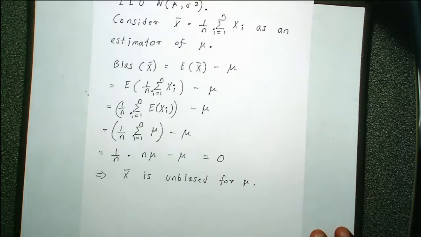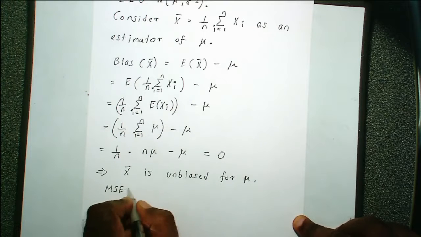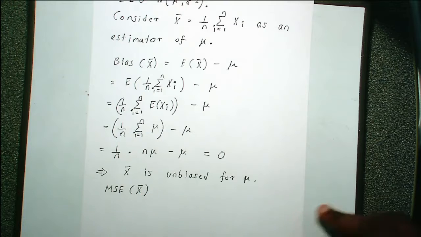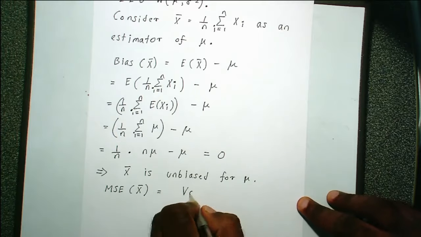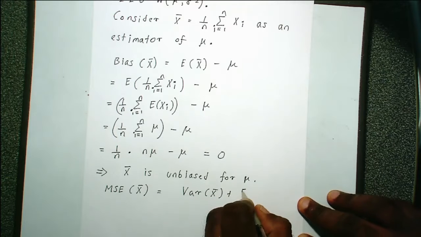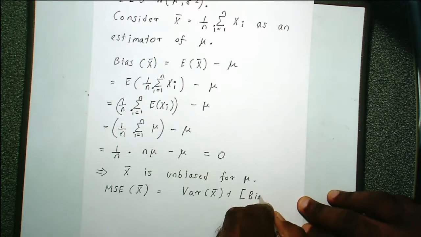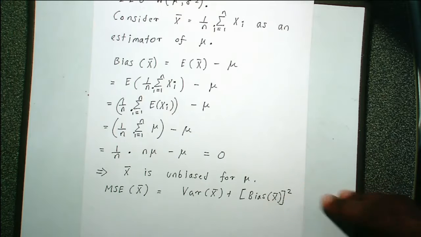Okay, now the next thing I want to work out is the MSE. The MSE of x bar, because of a property I proved last week, can be written as the variance of x bar plus the bias squared, right?